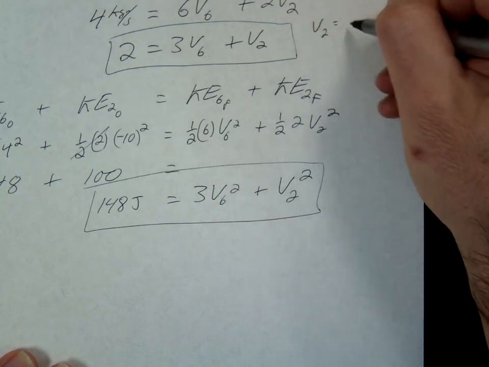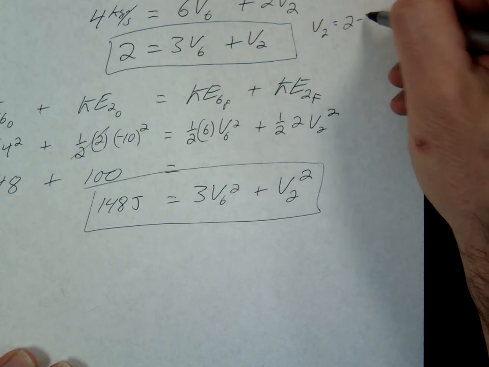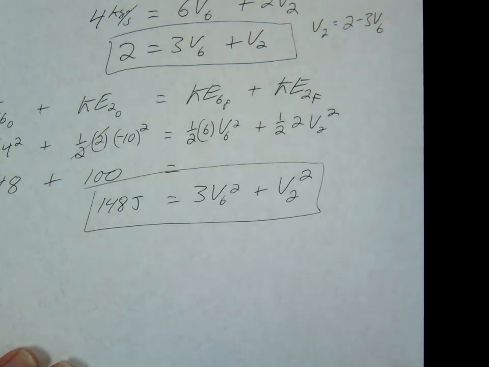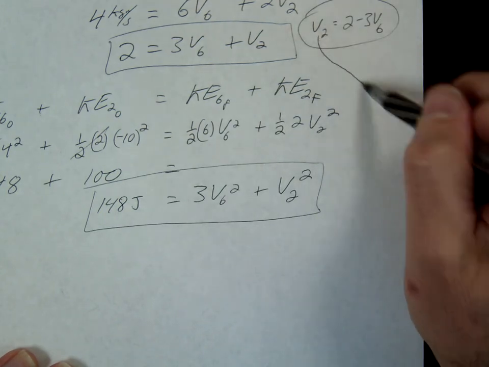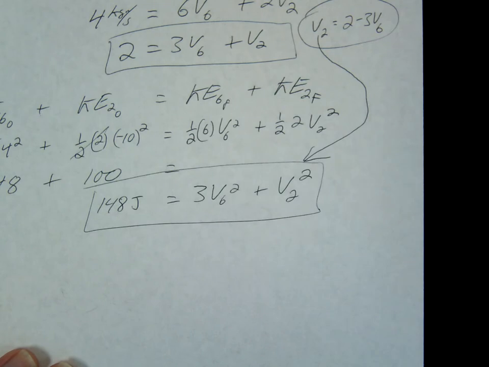So I'm going to solve for v2. It doesn't matter which one you do, though. This one seems easier. So solve for v2, right? Substitute that into the v2 squared.